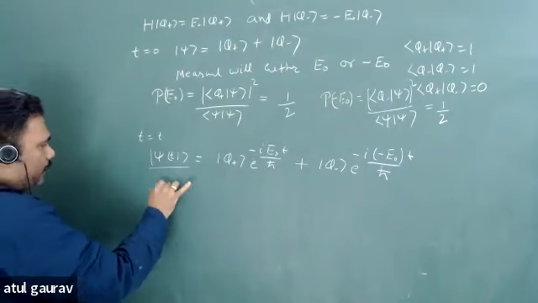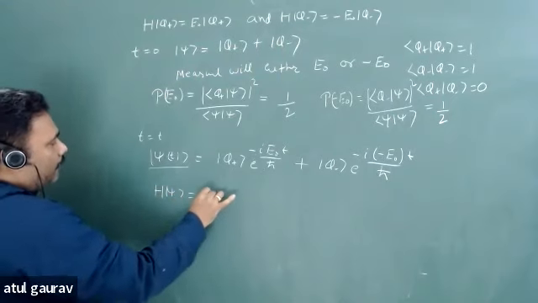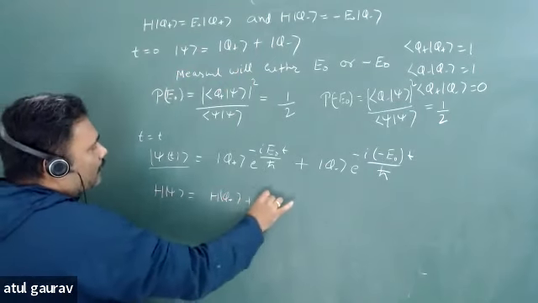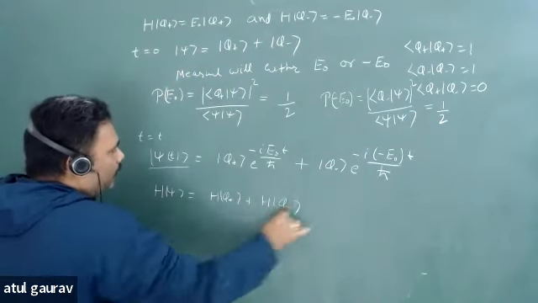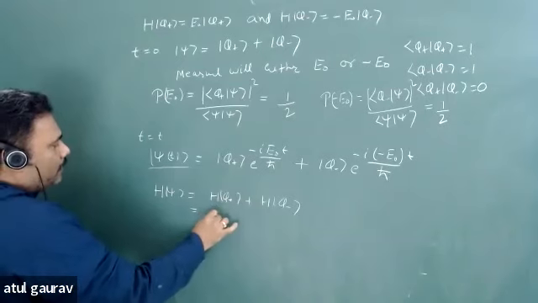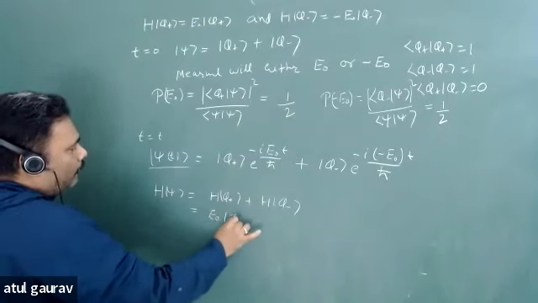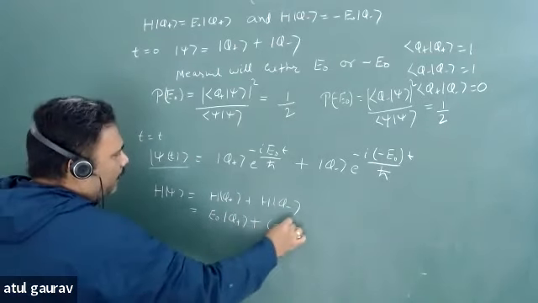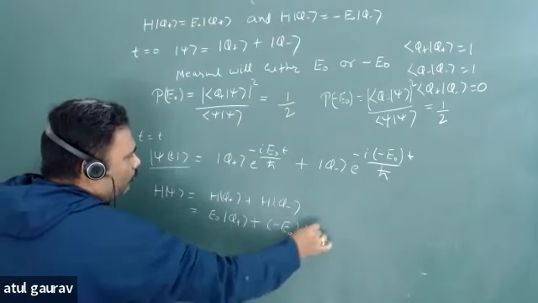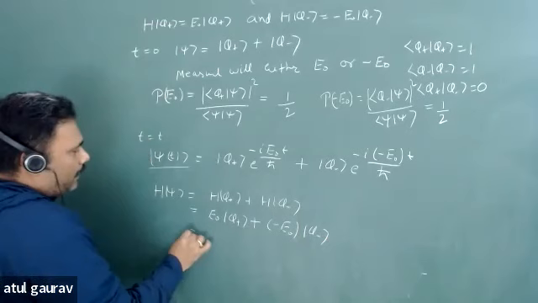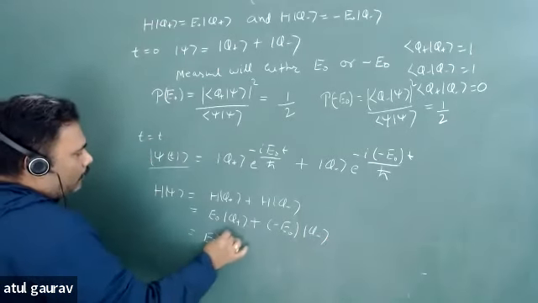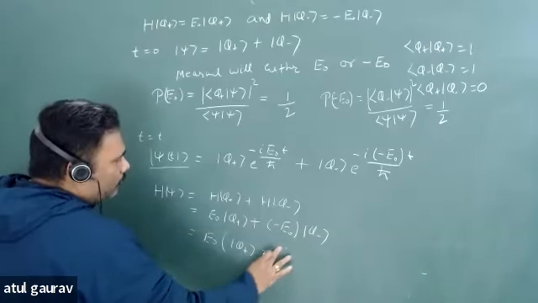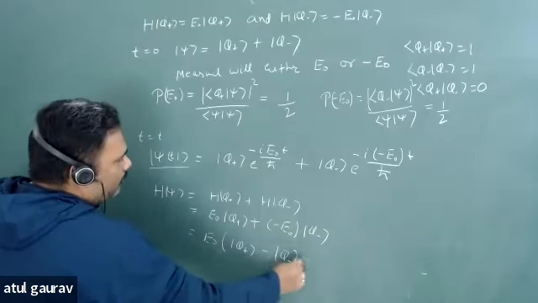H psi is written as H phi plus plus H phi minus. So H phi plus is equal to E naught phi plus, and H phi minus is minus E naught phi minus. And you can take E naught common. What you will get is phi plus minus phi minus.